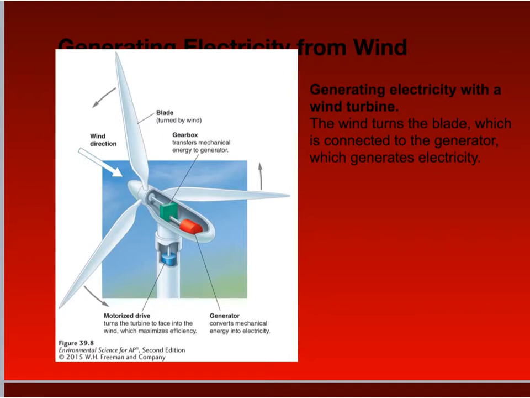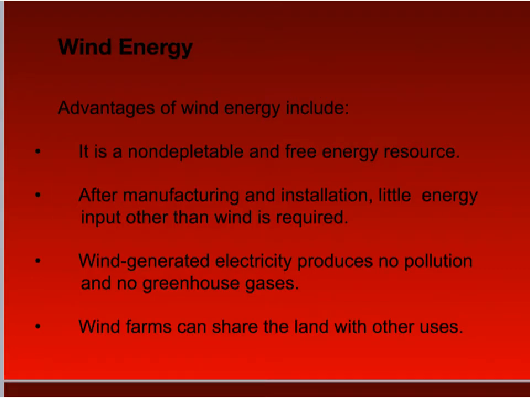And so the fascinating thing about these turbines is that they will direct themselves, and they will face the wind blowing direction. So they're movable, where a hydroelectric power plant is not.